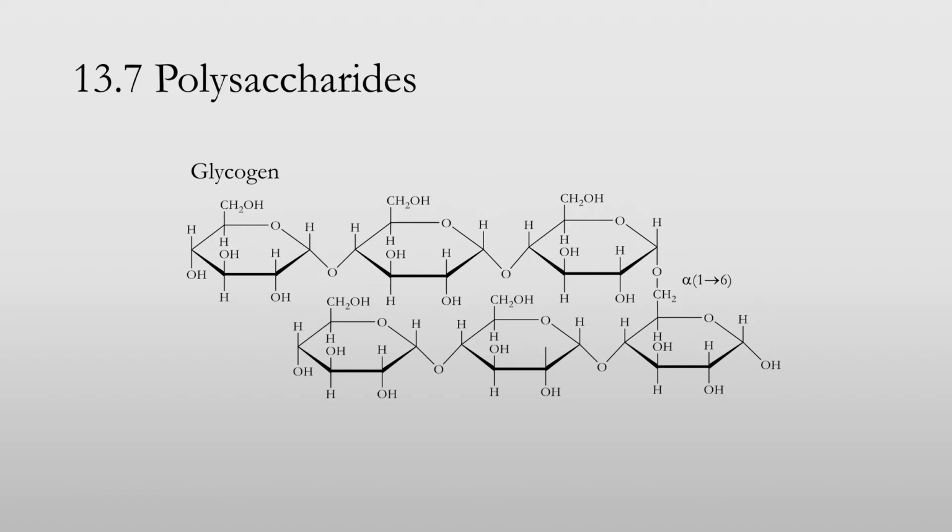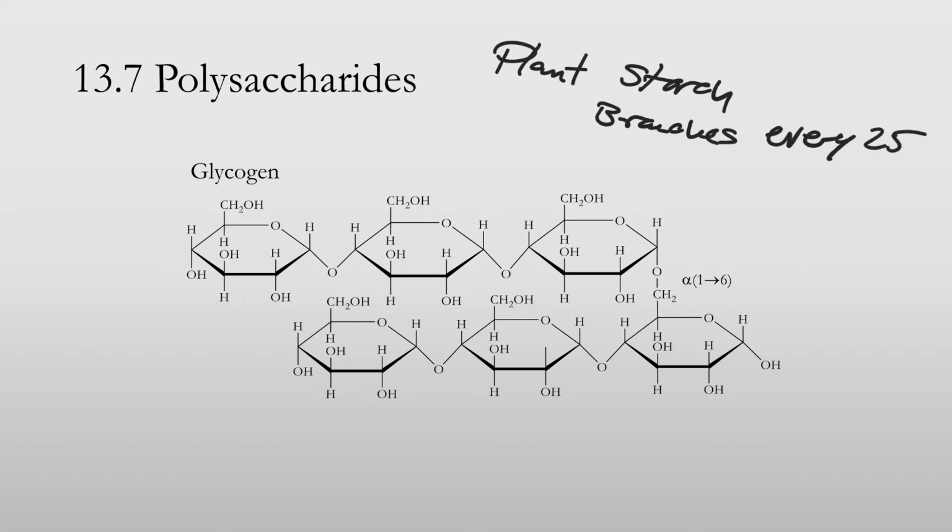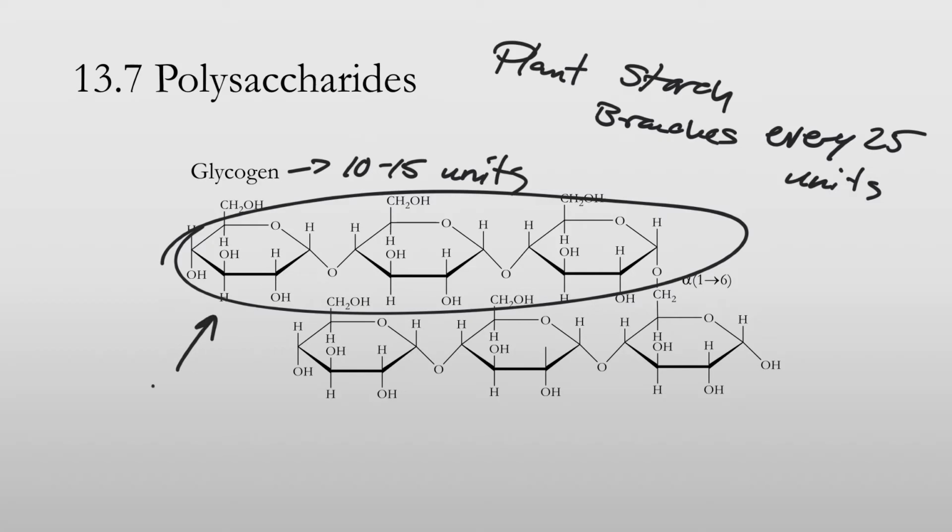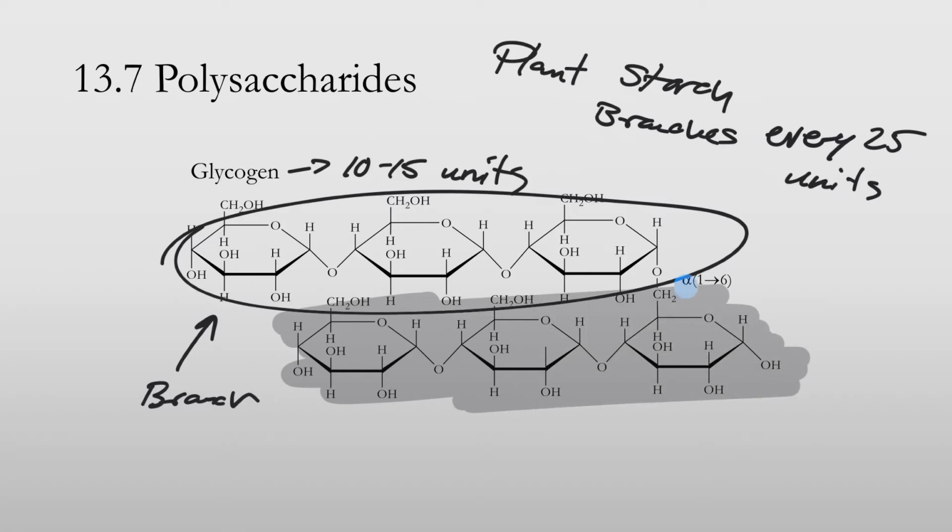For example, the plant starch has branches every 25 units, whereas glycogen is every 10 to 15 units. It branches off. So this part right there would be a branch off of the bottom part down here. And I wrote in here alpha 1,6 glycosidic linkage, but I'm not going to test you on that at all, so don't worry about it.